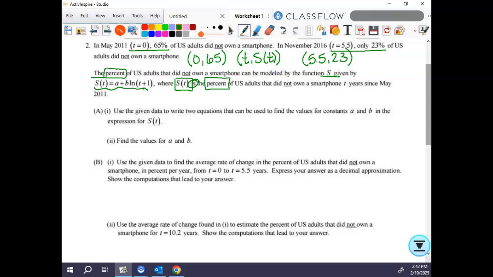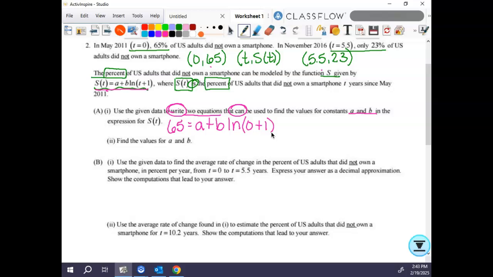Okay. So the first part of this says to use the given data to write two equations that can be used to find A and B. All right, so I'm looking at these two ordered pairs. So my S of t, which for the first one is 65, is equal to A plus B, which I don't know, times the natural log of t, which is 0, plus 1.